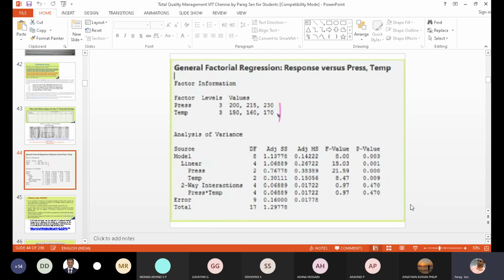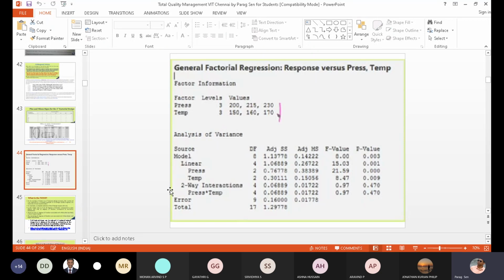Those things are described there, and also what the null hypothesis and the alternative hypothesis are. If I get time, I will also discuss these things in the class, and if I don't get time, you can simply go through my YouTube videos. I have already provided lectures on these particular topics.